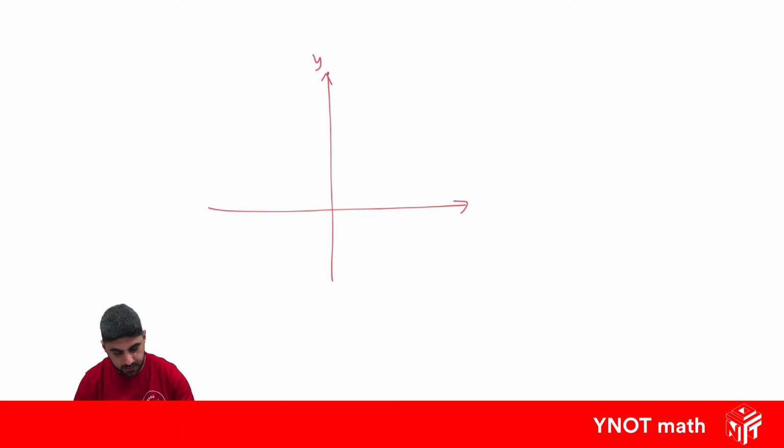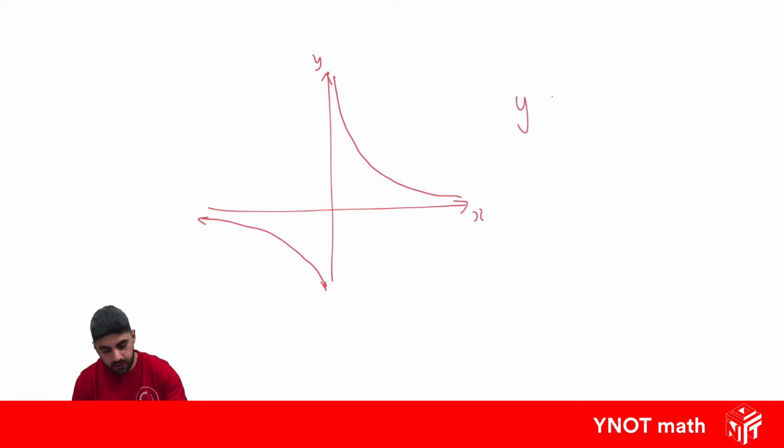So with our x and y axis here, a rectangular hyperbola is going to look something like this, and it's going to have the equation y equals k over x, where k is just a constant. And previously in exponential models, we looked at a value as the graph was approaching the x-axis being an asymptote, and we've got the same thing here.